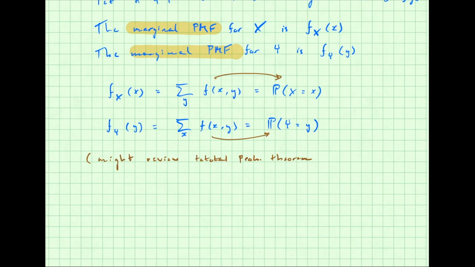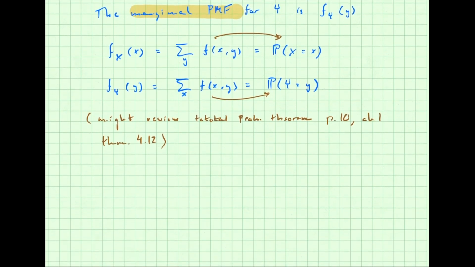I don't know how much you used it in the first 5 weeks of the module, maybe you used it a bunch, but we haven't used it in my portion of the module. So you might want to review it. It's on page 10, chapter 1 of the notes. It's one of the theorems, I think theorem 4.12 in my copy of the notes, but that could change if somebody's recompiled them. Yeah, so that's a theorem.